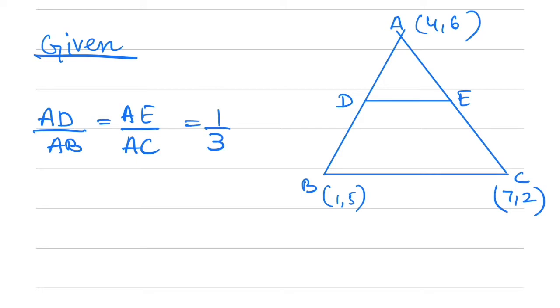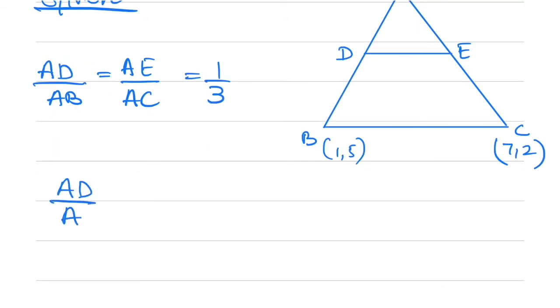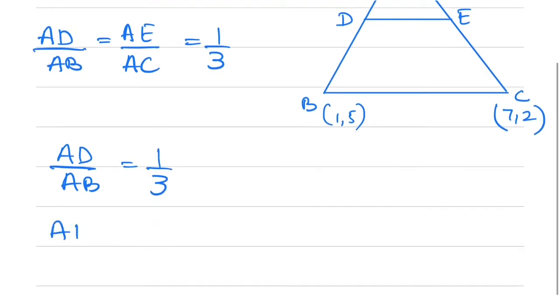Now we have to calculate the area of triangle ADE and compare it with the area of triangle ABC. To calculate the area of triangle ADE, first we need to find the coordinates of D and E. AD/AB is equal to 1/3.